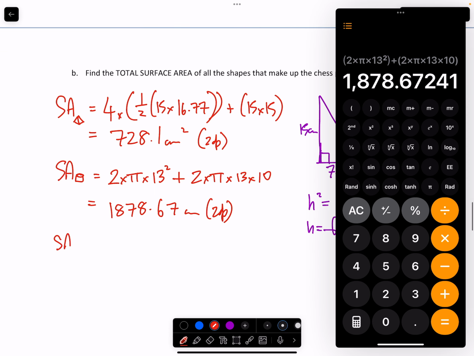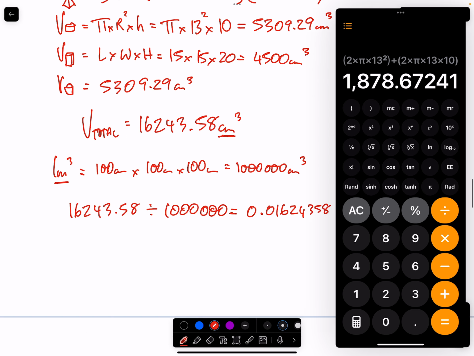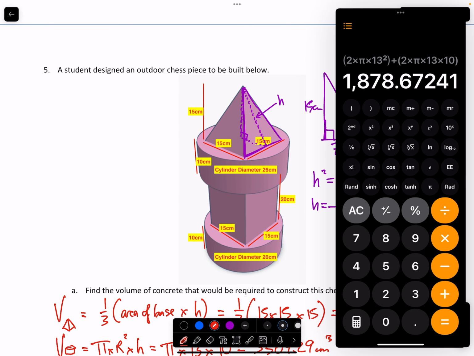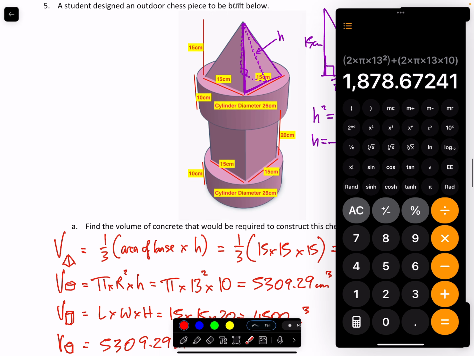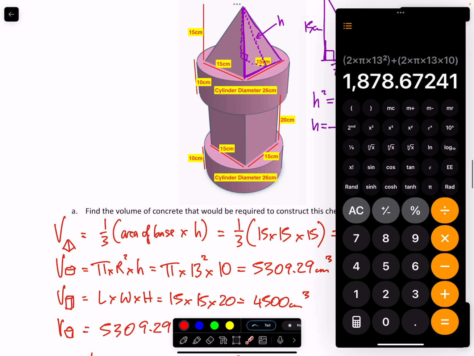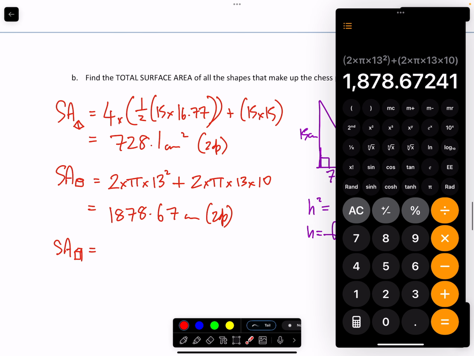Surface area of the rectangular prism equals, let's look at this rectangular prism. It's the same all the way around, and then you've got 2 squares at the top and the bottom. The rectangles all the way around are 15 by 20, so there are 4 sides that are 15 by 20, and then 2 sides, the top and the bottom, that are 15 by 15.